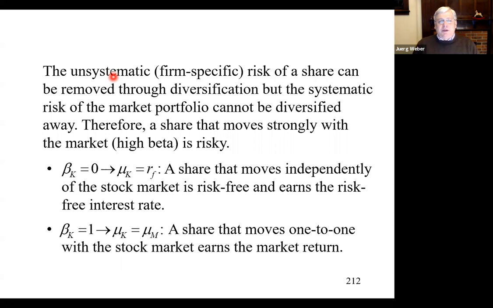So, for example, the risk that management of the firm makes a bad decision, that's firm-specific risk. And you can get rid of that risk just by buying the shares of a lot of different firms. In contrast to that, the systematic risk is a risk of the market portfolio which cannot be diversified away.